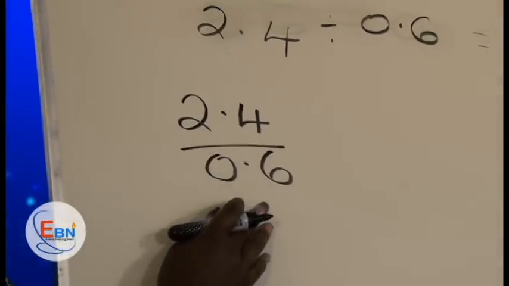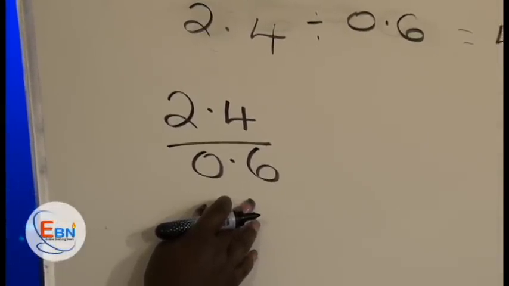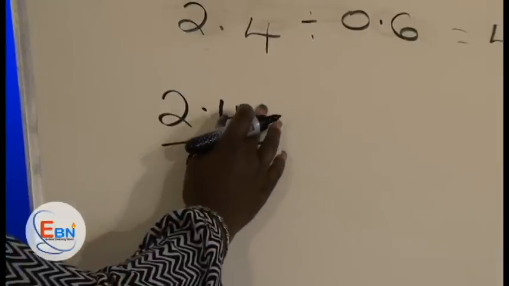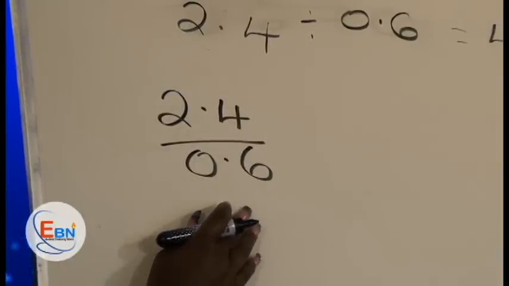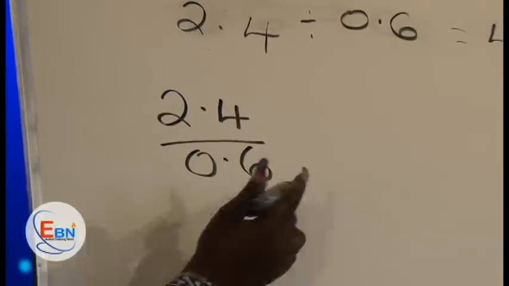So to get it to a whole number, we can multiply both the numerator and the denominator by 10.